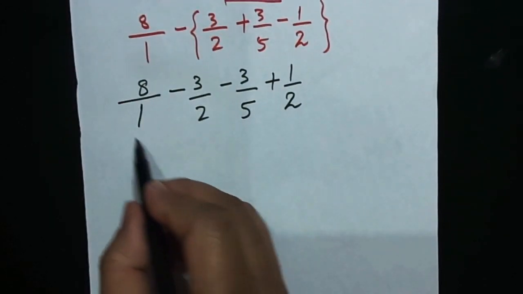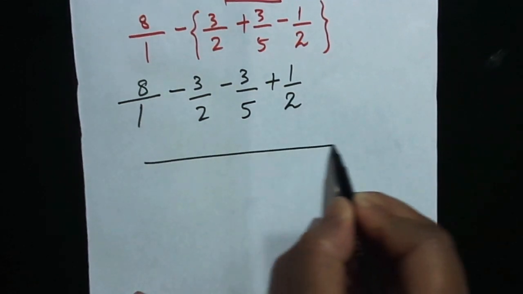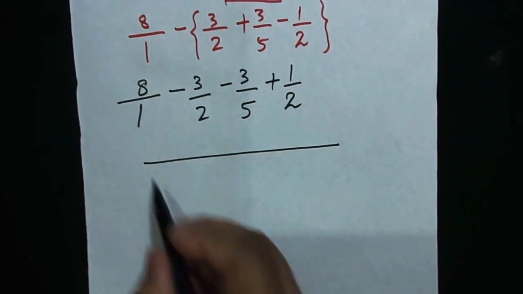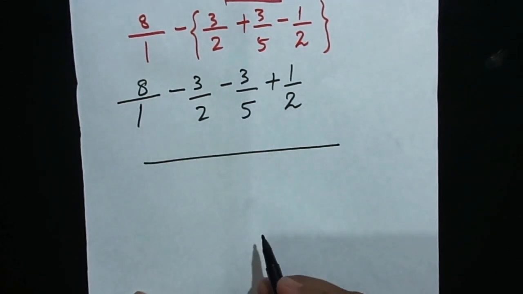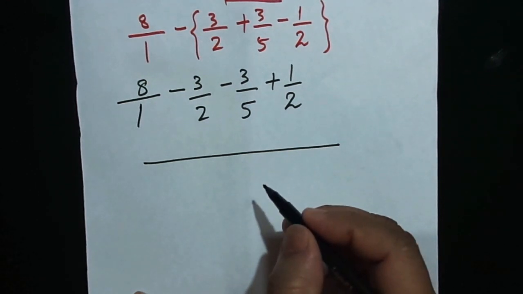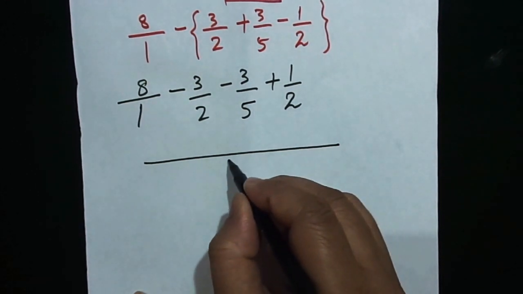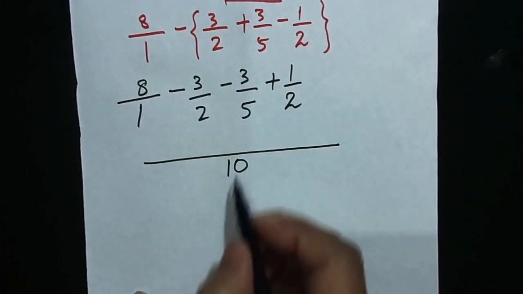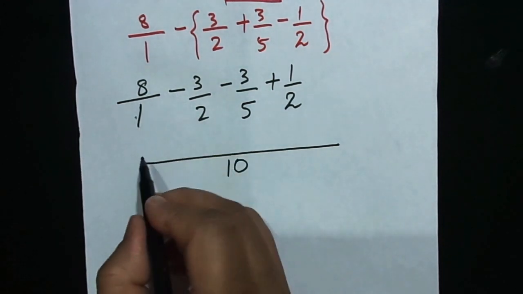So 8, let us take the LCM as we did right now. So the LCM of 2, 5 and 2 will be equal to what? Will be equal to 10. Now 10 divided by 1 is equal to 10.